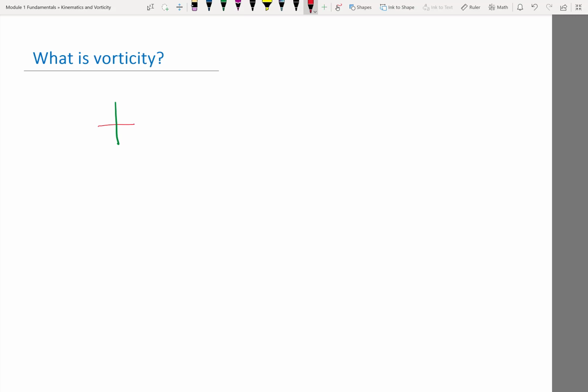In a fluid, a line doesn't have to stay exactly the same length. So it can become longer, it can become shorter, right? So that's one motion. The other possible motion is the red line can tilt up or down.